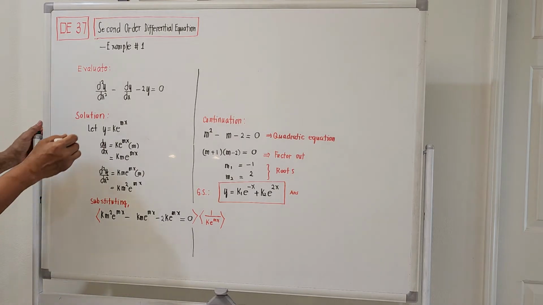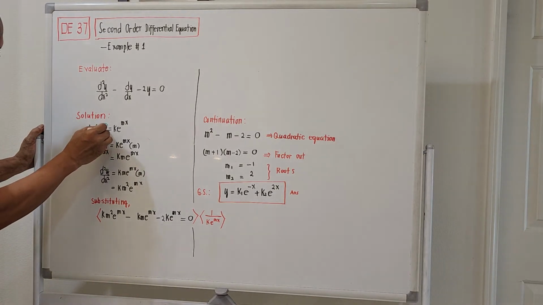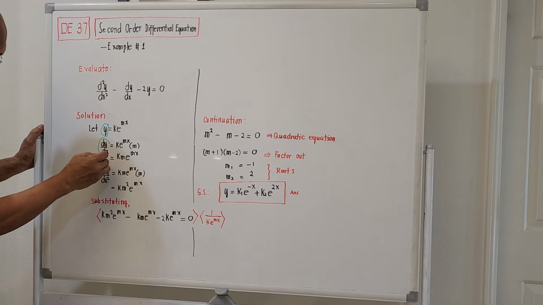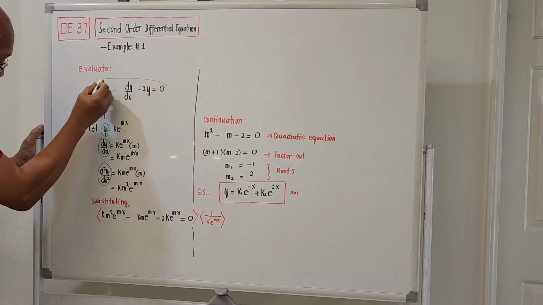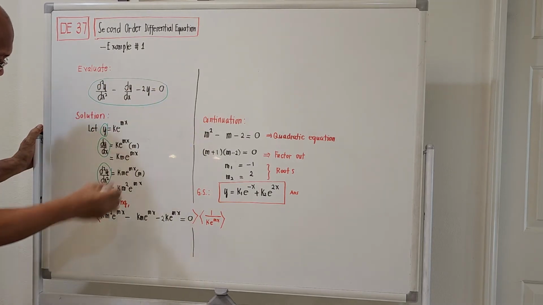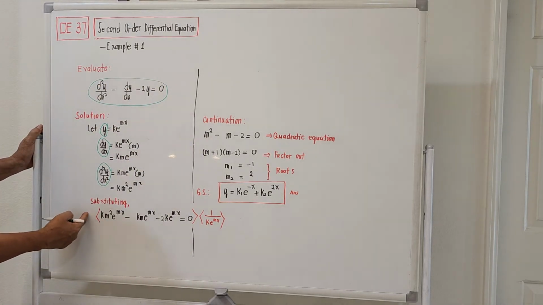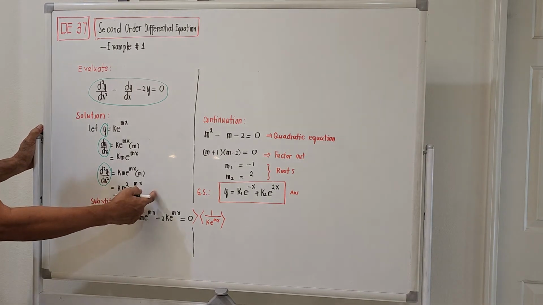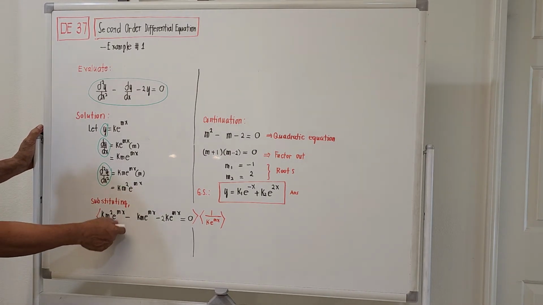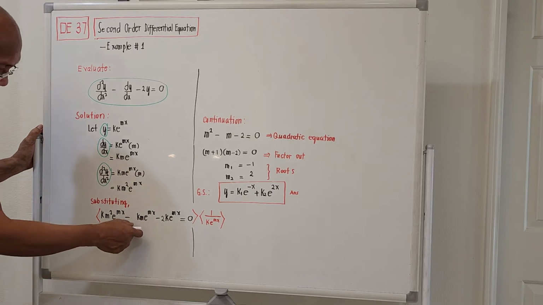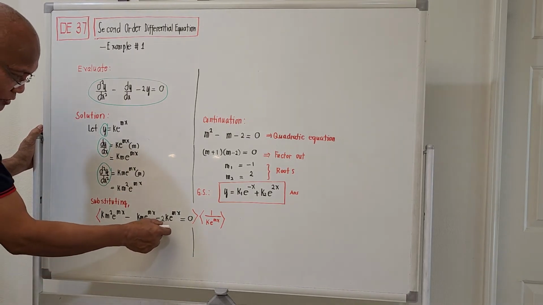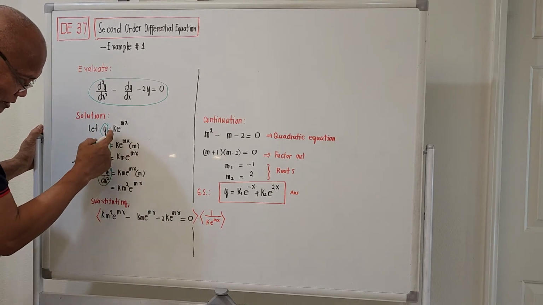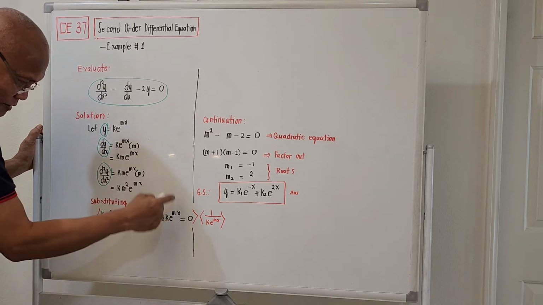Then we will take this value of y, this value of dy dx, and this value of d square y over dx square, and place them on the original second order differential equation. So I place it here, substituting. It will be km square e raised to mx minus km e raised to mx minus 2 times y, which is k e to the mx, equal to 0.